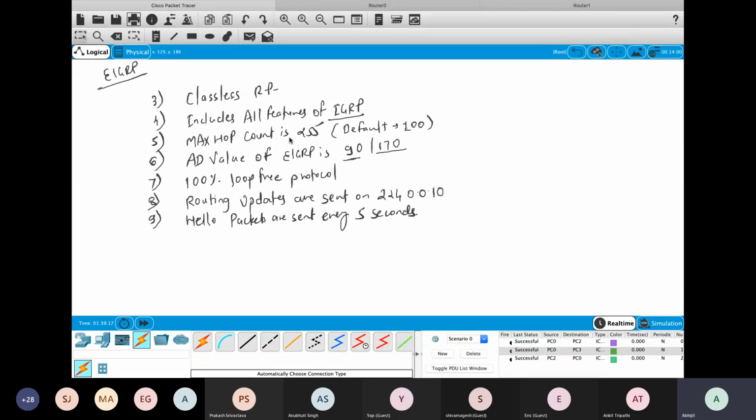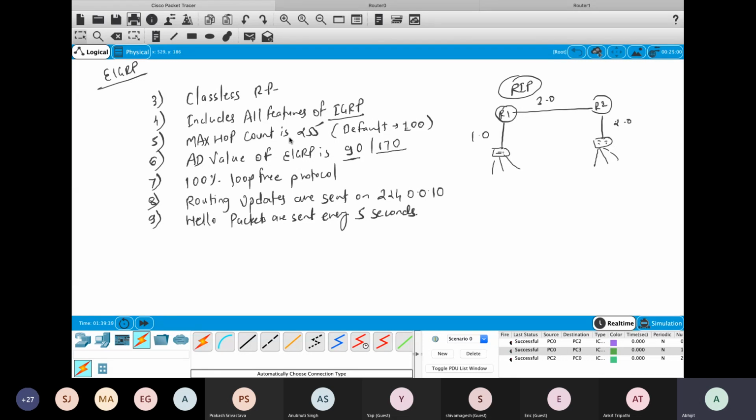Now, if you consider a topology that you have in RIP, I'm going to again create the same topology: you have R1 here and R2 here. In R1 you have a network like this, and R2 has a network like this. You have 1.0, 2.0, and 3.0.